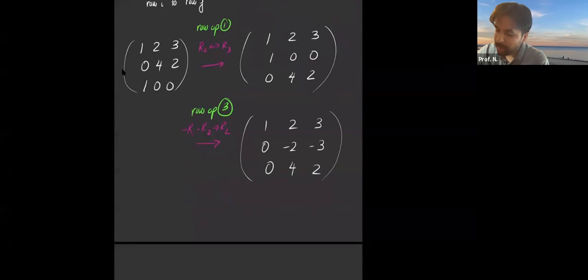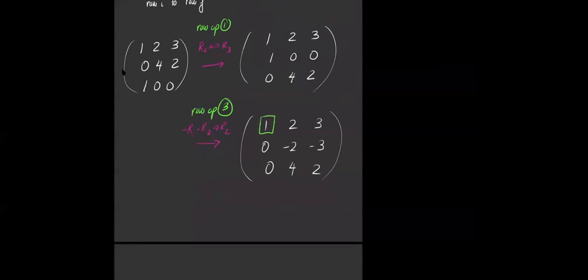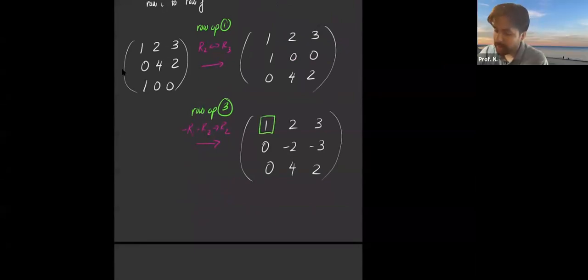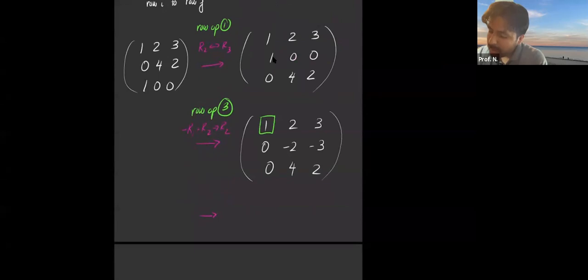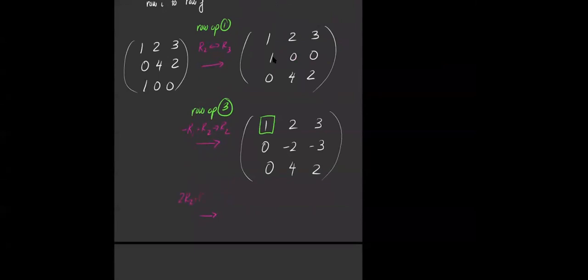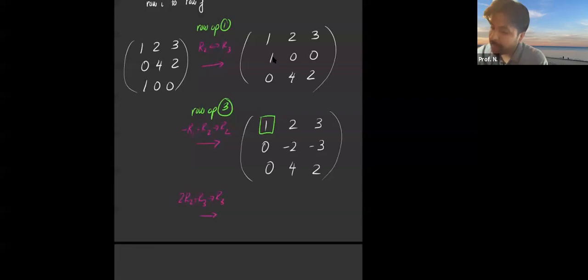So far I have one pivot. On the third row, you can subtract the second row times 2 from it, working on getting that 4 into a 0. So you're going to do 2R2 plus R3 goes to R3.